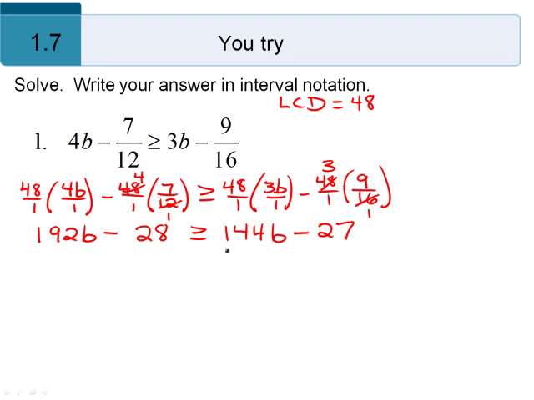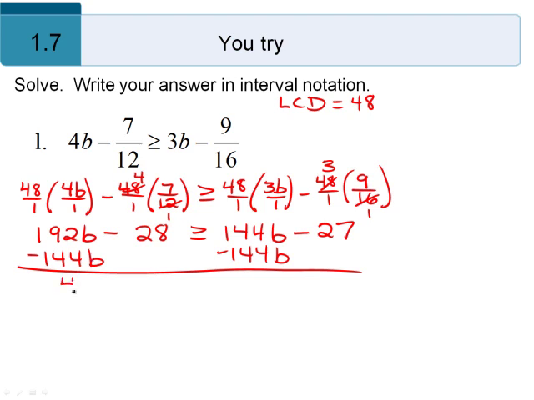All right, so I'm going to subtract 144b from both sides. Minus 144b. 192 minus 144 is 48b. Minus 28 is greater than or equal to negative 27.